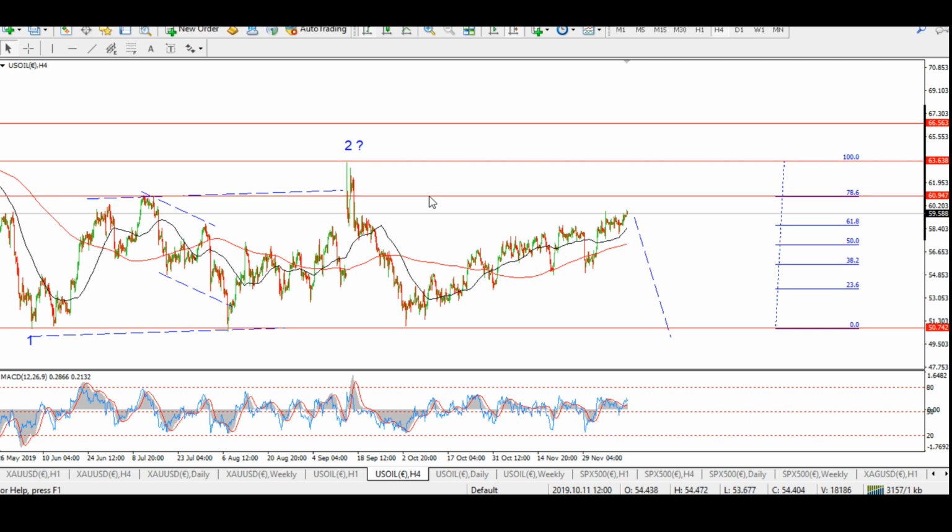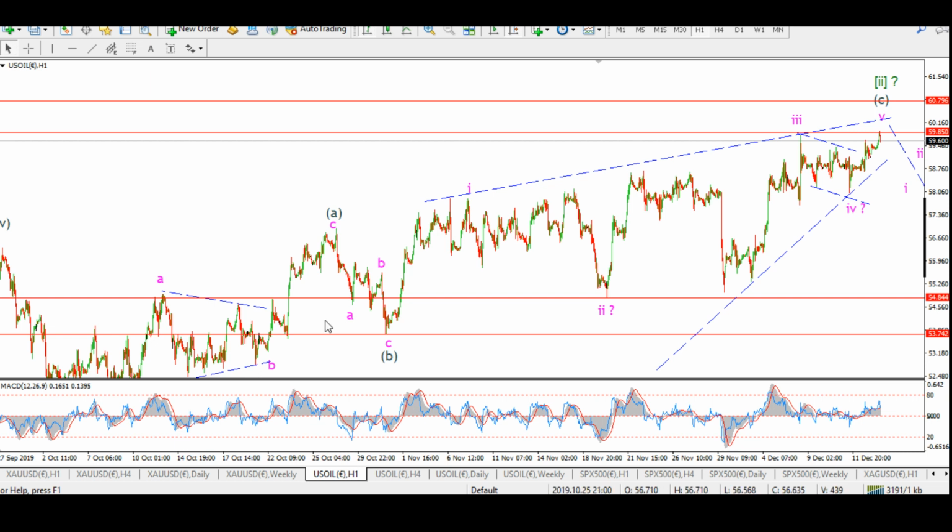Not entirely sure we'll actually get to that 78.6, but the market seems to be attracted to that 60 level, and who am I to say that you won't get there? We're quite close now. We're 59.60 trading this morning, so let's see how the day goes.